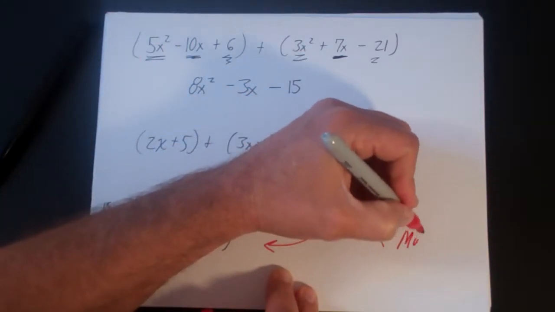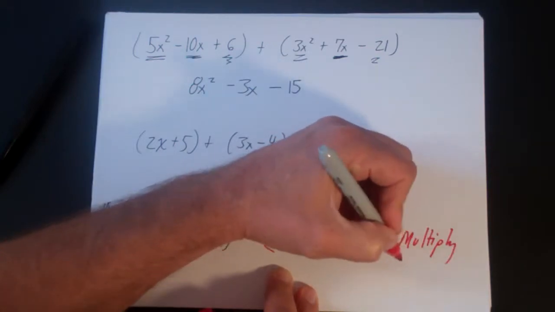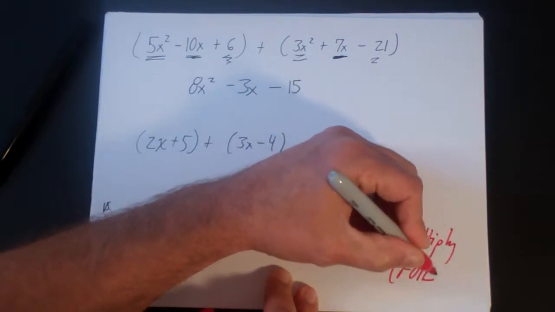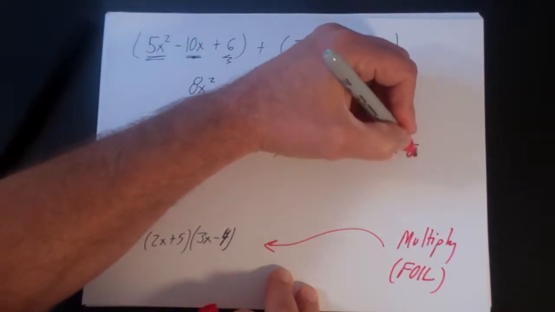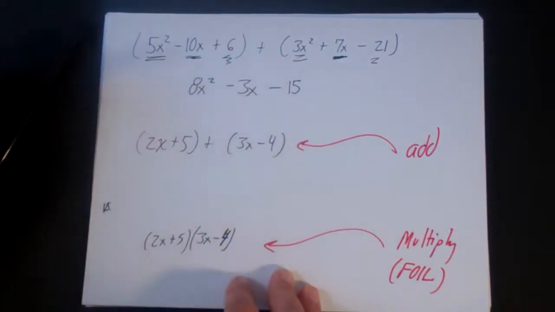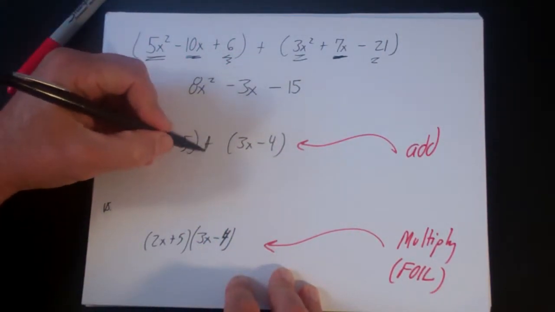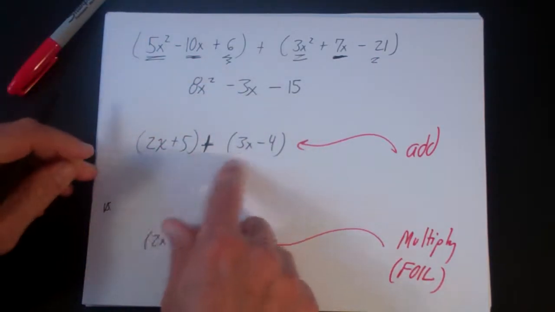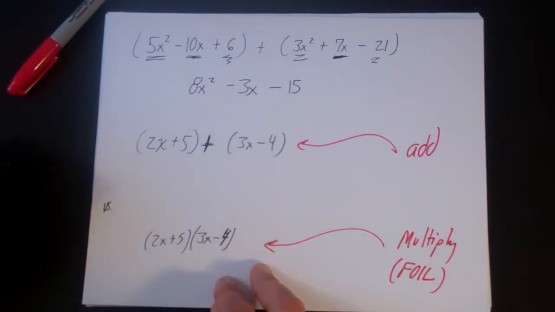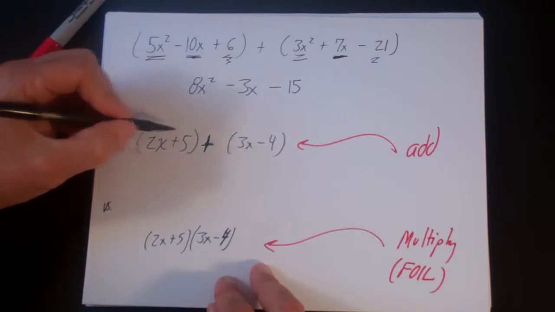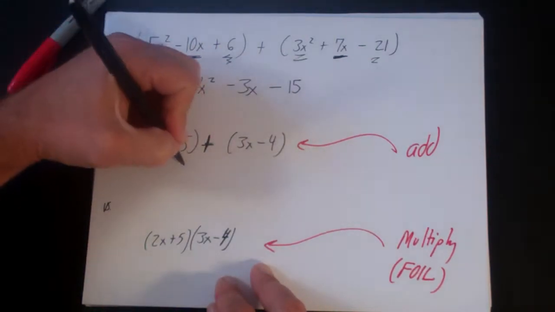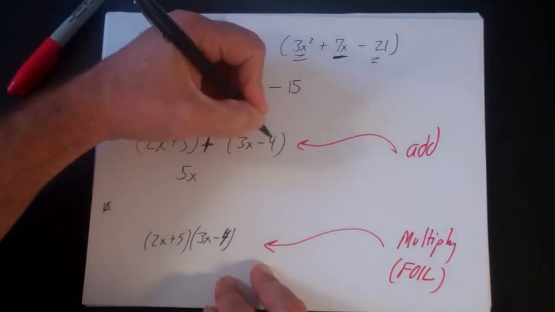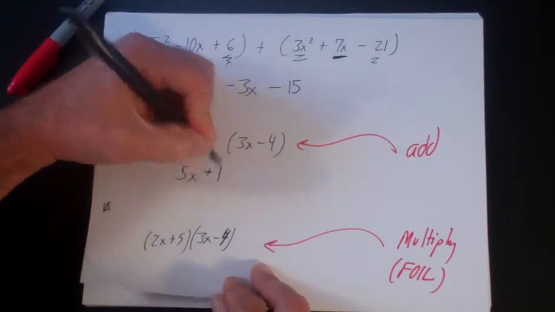This is FOIL. And this one is add. If you have parentheses that are separated with a plus or minus sign, that means you're adding or subtracting. This becomes 3x plus 2x is 5x, 5 minus 4 is positive 1.